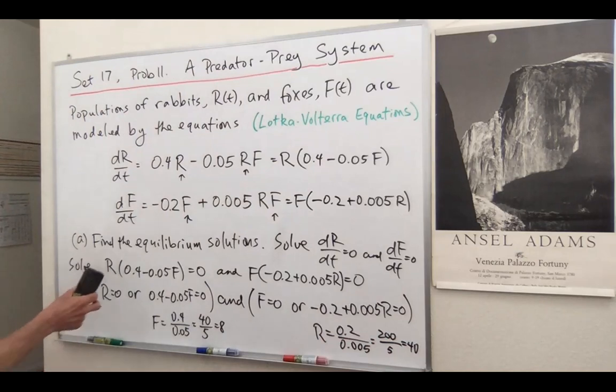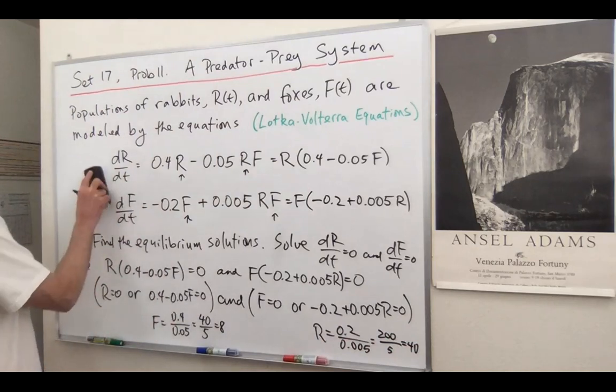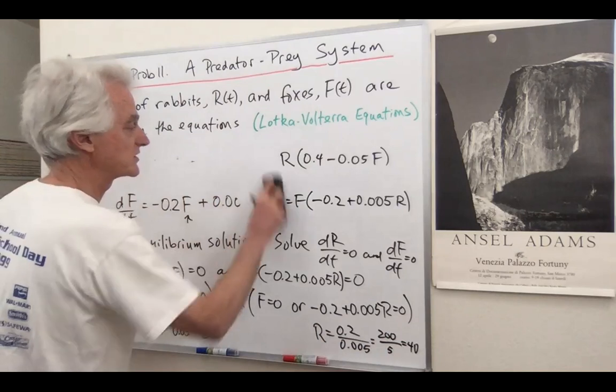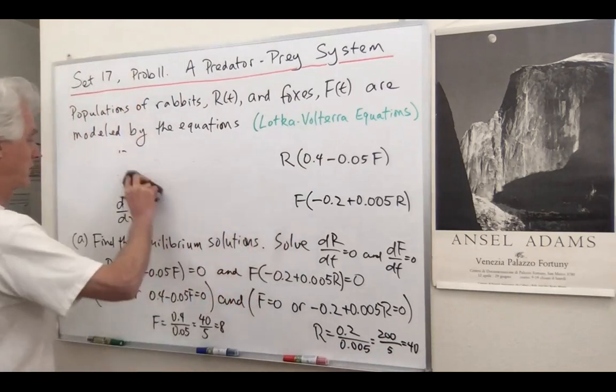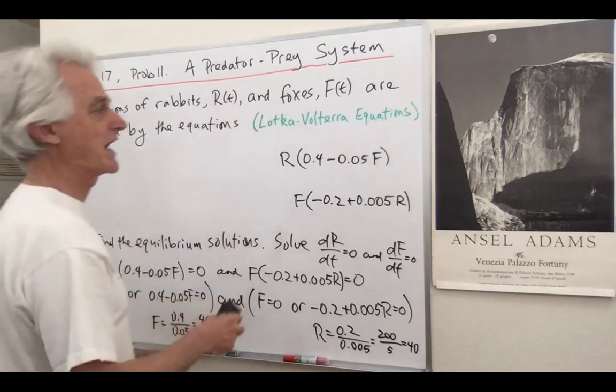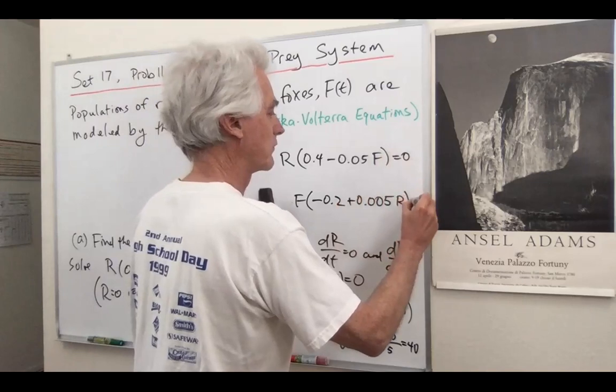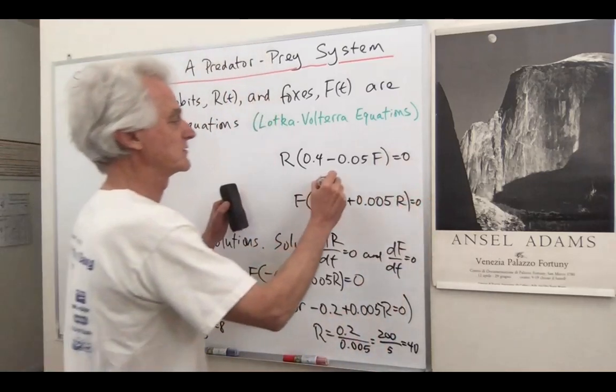So let's continue with this. I've run out of room. We'll erase the system of equations for the ODE, and we're back to the equations for equilibrium. Those are both 0. And let's have the and.